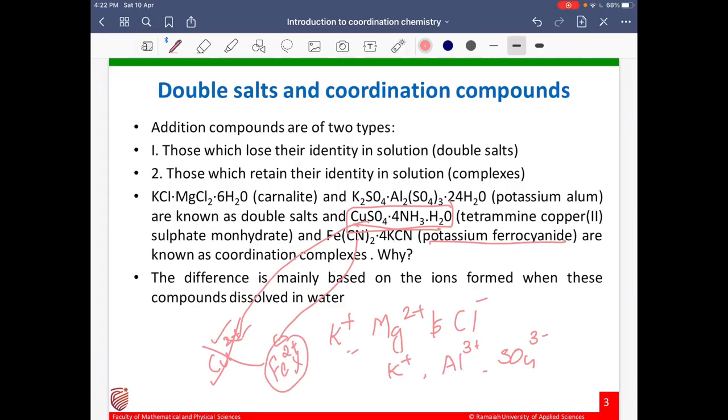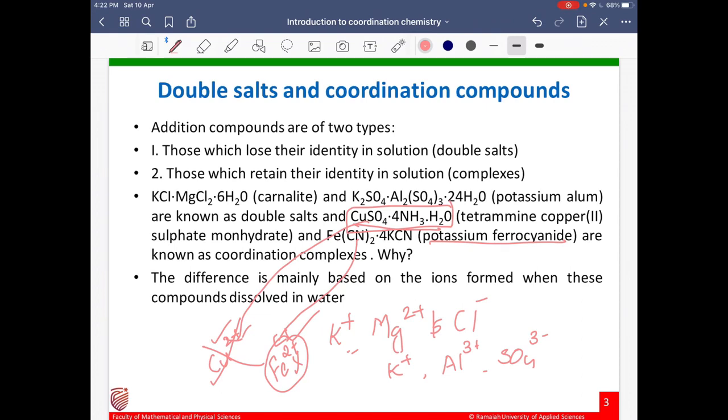The existence of Cu2+ ions and Fe2+ ions in the solution will not be there. If these compounds dissolve in water, they form two types of ion, which we will discuss in our coming sessions.